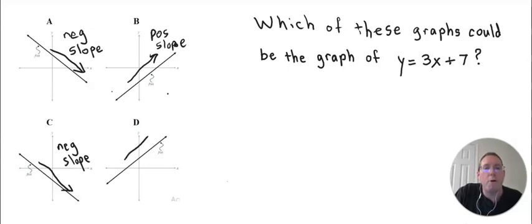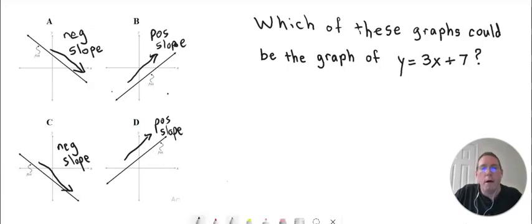And then this one also has a positive slope. Other than what we call a constant function, which we're not going to deal with right now, our graphs are either going to have a negative slope or a positive slope. Those are the only two choices, okay?